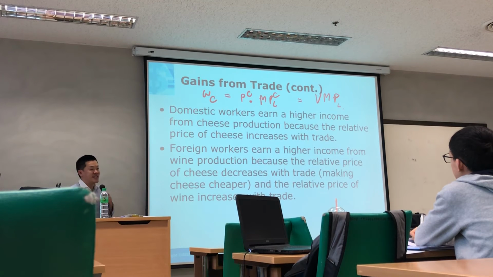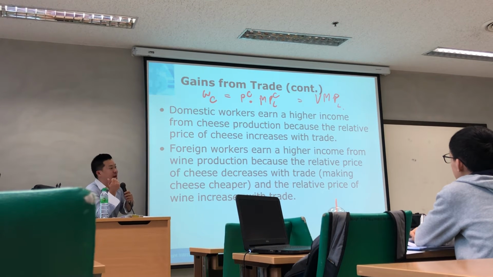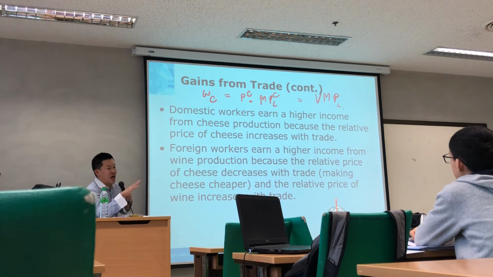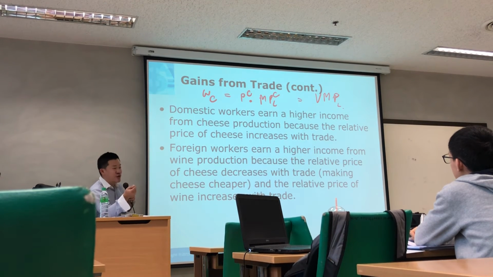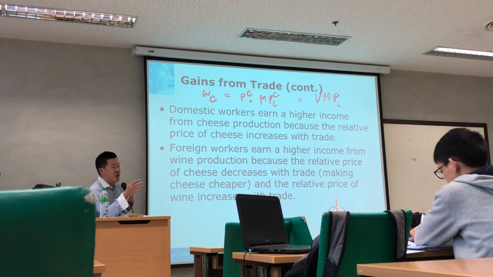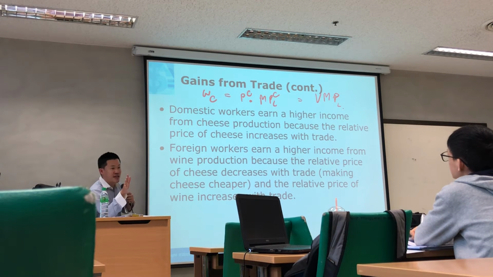Because this is perfect competition. Perfect competition means normal profits become 0. If you can produce $2 for the company, I pay you $2, so I gain nothing, 0 profit. That's why wage equals price times marginal product.